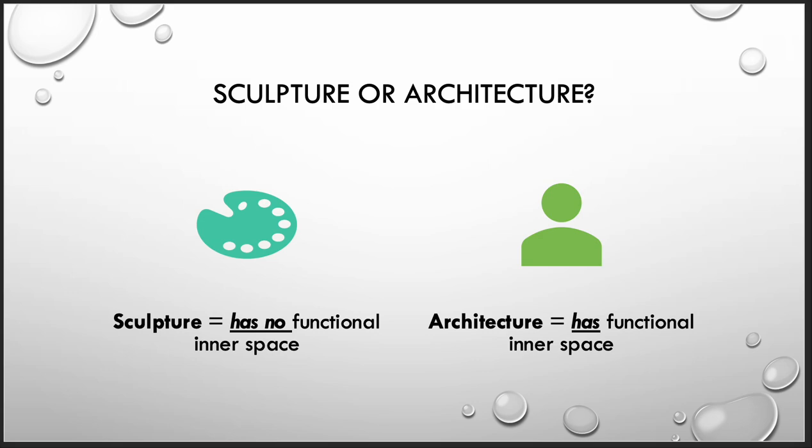We can't go inside a sculpture and walk around or use it for some function, but architecture does. It does have functional inner space. We can enter inside, we can use it for something. A home has functional inner space. A hotel has functional inner space. A temple. So those things would qualify as architecture.